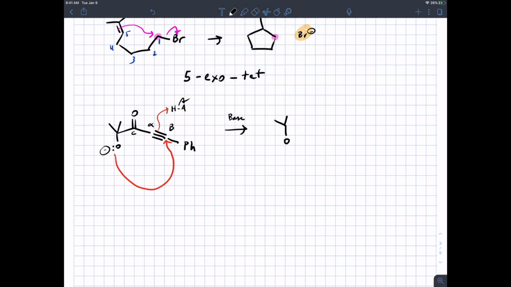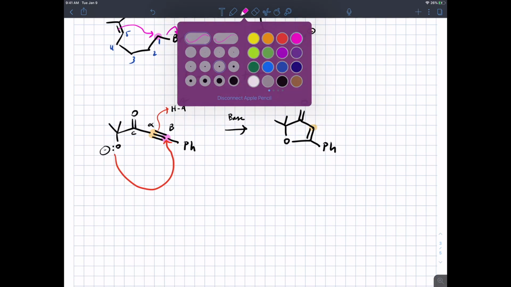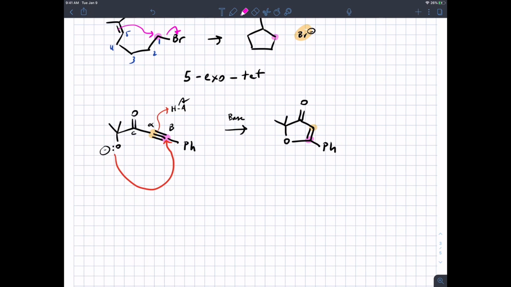Your product would be a 5-membered ring containing an oxygen, an ether, and it would look like that. Notice that the atom that gets attacked is the beta carbon. The other atom in that bond is the alpha carbon, and both beta and alpha carbons are part of the ring. So this has to be an endocyclization. It's 5-endo, and we'd actually call it DIG because the atom that was attacked is sp2 hybridized.